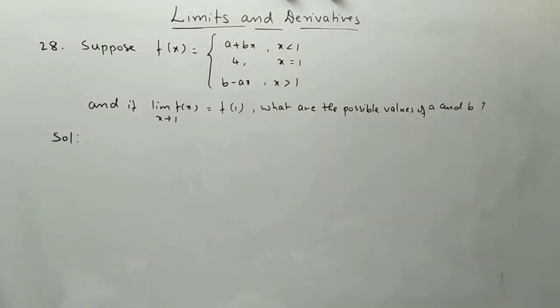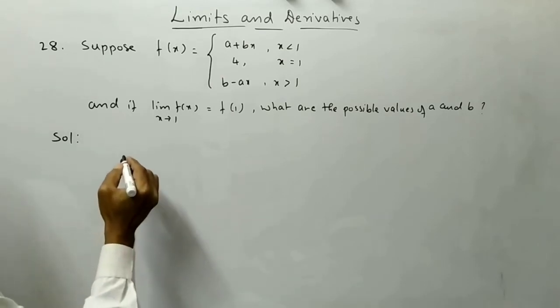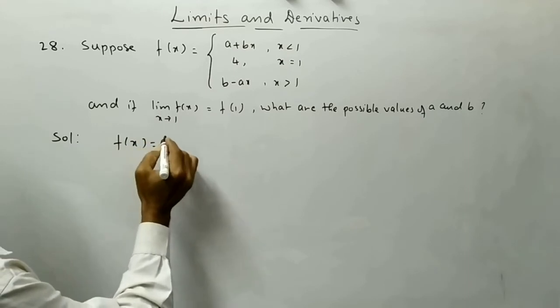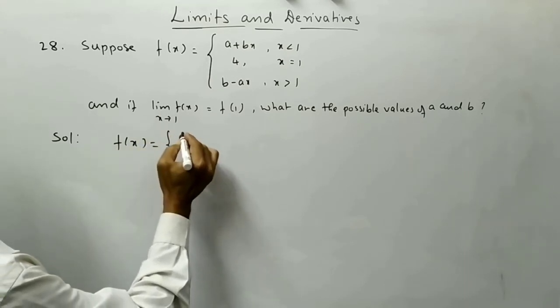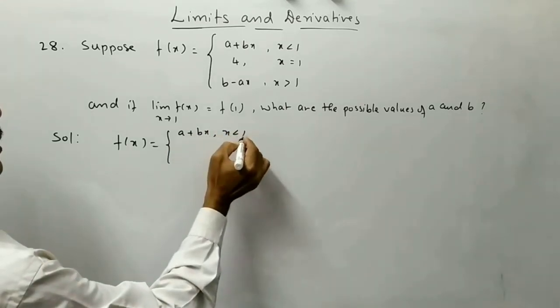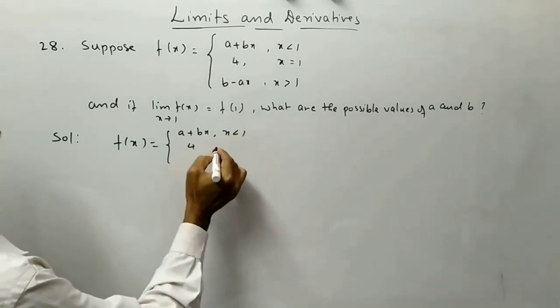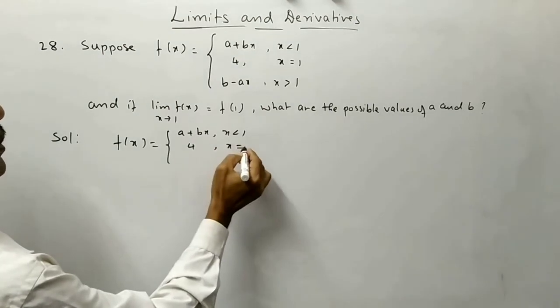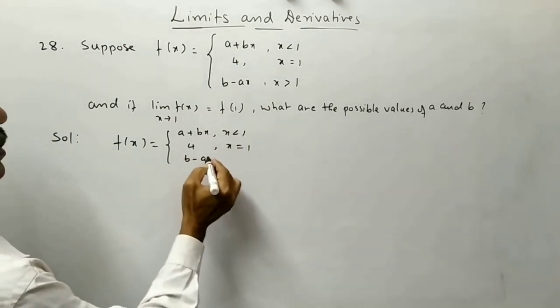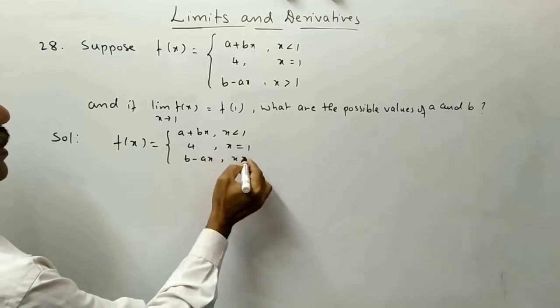Solution. f of x is equal to a plus bx when x is less than 1, 4 when x is equal to 1, b minus ax when x is greater than 1.